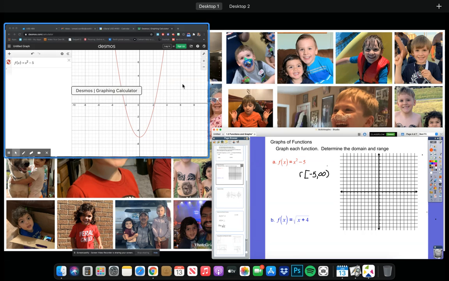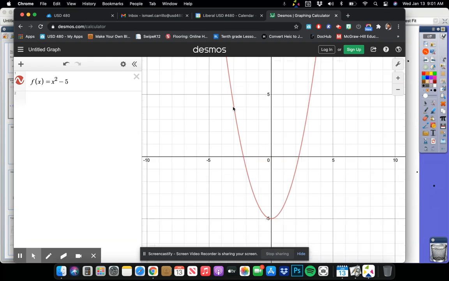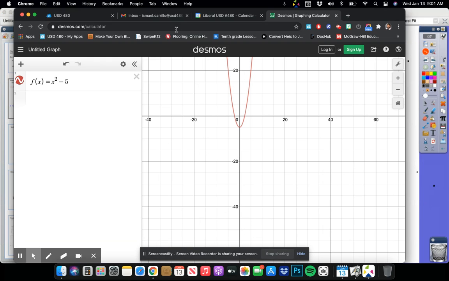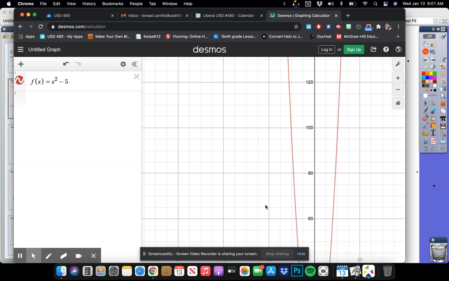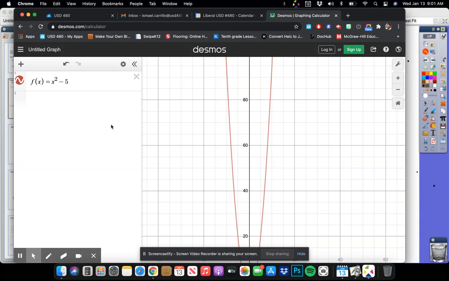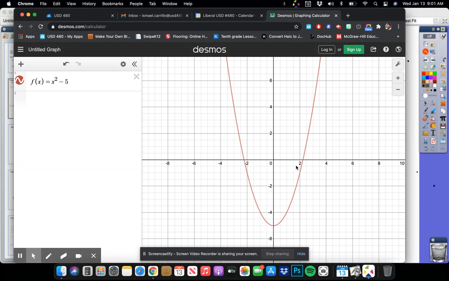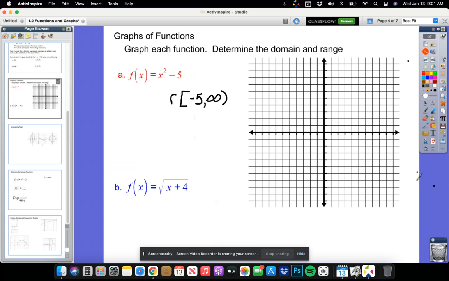The domain is the same way because as this is going up forever, it's also going out forever, to the negative side and to the positive side. So our domain is negative infinity all the way to positive infinity.